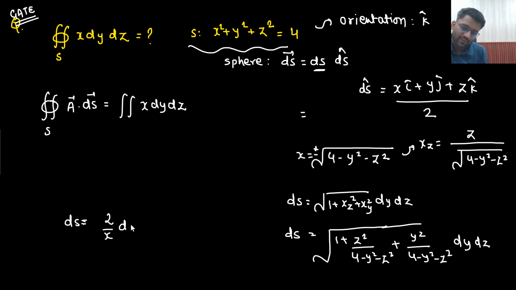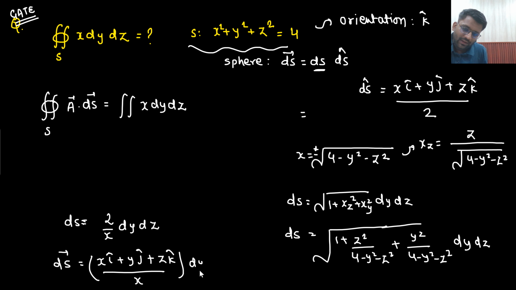So your complete ds vector is 2 by x multiplied by this, so 2 and 2 will get cancelled out. It is coming out to be x i cap plus y j cap plus z k cap divided by x, dy dz. This is your ds vector. So we have found this ds vector.